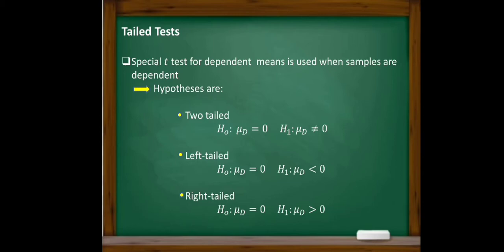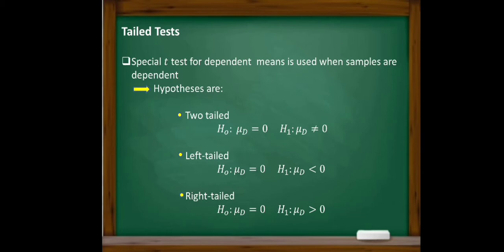The hypotheses are as follows, where μD, or mu sub D, is the symbol for the expected mean of the differences of the matched pairs. If it is two-tailed, our H0, or null hypothesis, is μD equal to 0, and our alternative hypothesis is μD not equal to 0.